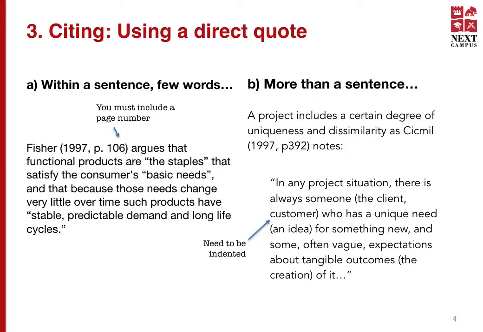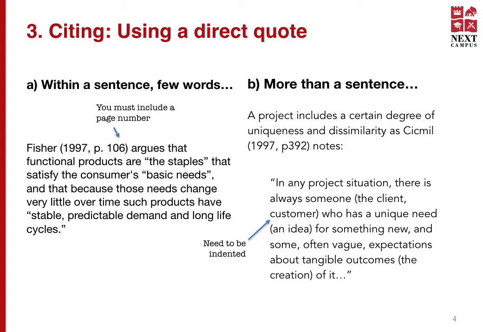And that because those needs change very little over time, such products have stable, predictable demand and long life cycles, again directly taken from Fisher. So the first one on your left hand side is where you use a few words like the staples, basic needs, and that part of a sentence that you have at the end.